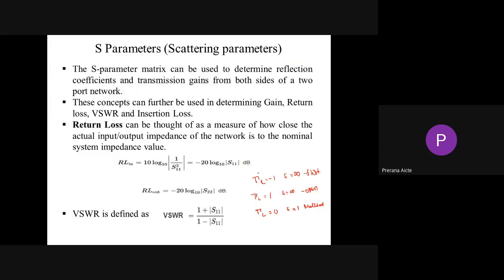From these scattering parameters, we find the forward and reverse reflection coefficients, and the forward and reverse voltage gains. They are also used to find the gain, return loss, VSWR and insertion loss. So this is the summary of today's class. Okay, thank you.